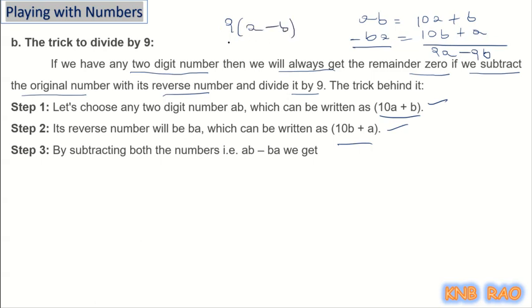That means this number is divisible by 9, gives the quotient A minus B, and the remainder is 0 only.